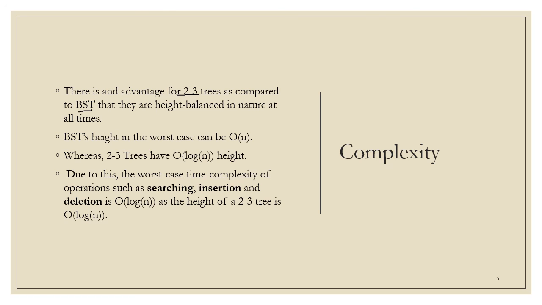That is, as we have also discussed earlier, all the leaf nodes in the 2-3 trees have the same depth, but this is not the case with BST. BST's height can go up to big O of n in the worst case, and this is not very nice. Big O of n is a big complexity in comparison to log n, which is the height of 2-3 trees, even in the worst cases, because of its height balanced nature.